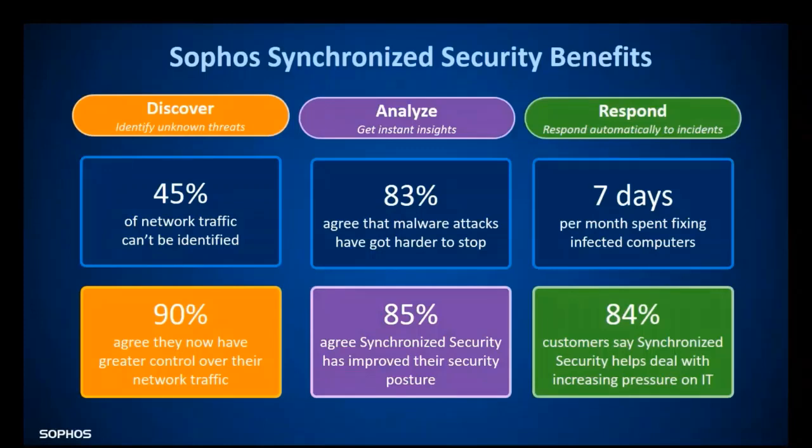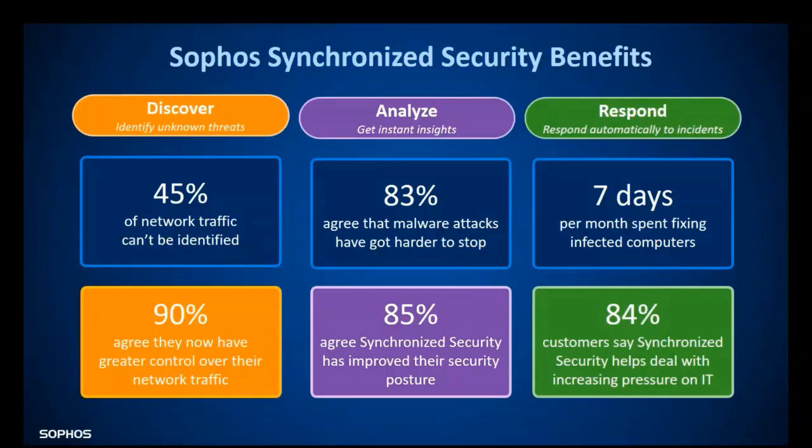And that brings us to the benefits. You can easily reduce those 7 days I mentioned earlier that you spend fixing infected computers. With Intercept X, our anti-ransomware product, and synchronized security working with our firewall, you can get the response from 7 days down to 8 seconds.